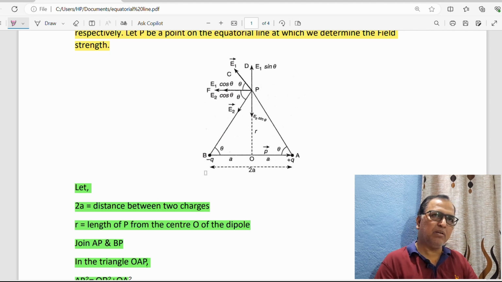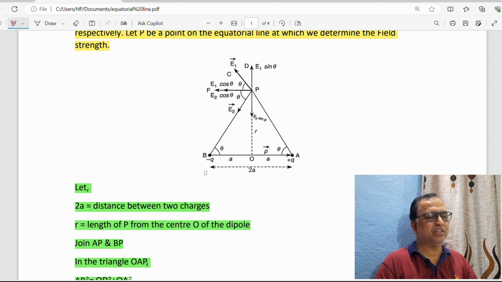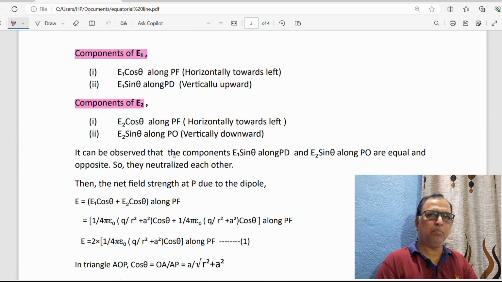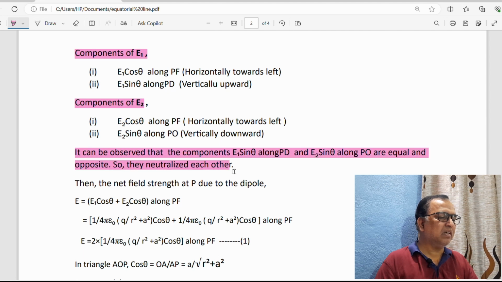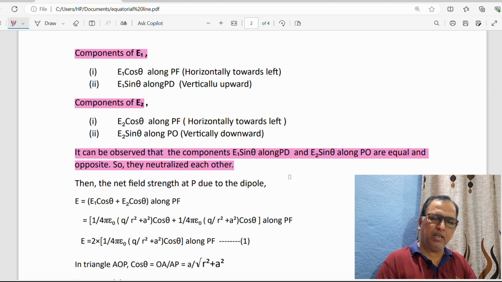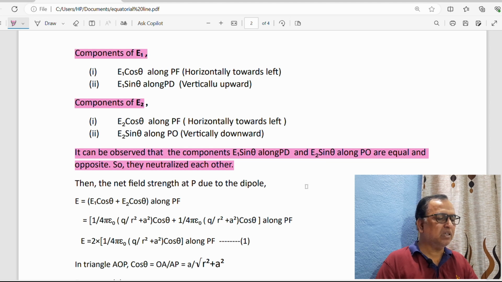It can be observed that the components E1 sin theta along PD and E2 sin theta along PO are equal and opposite, so they cancel.